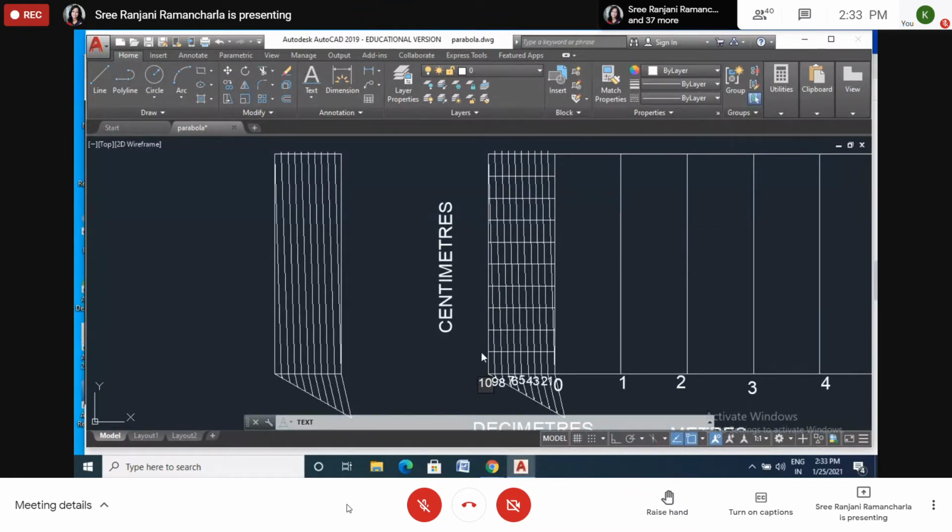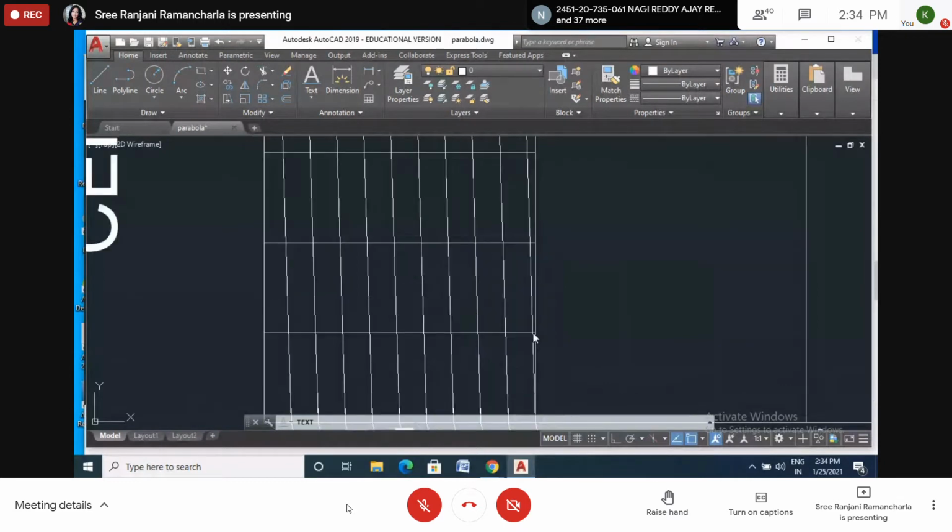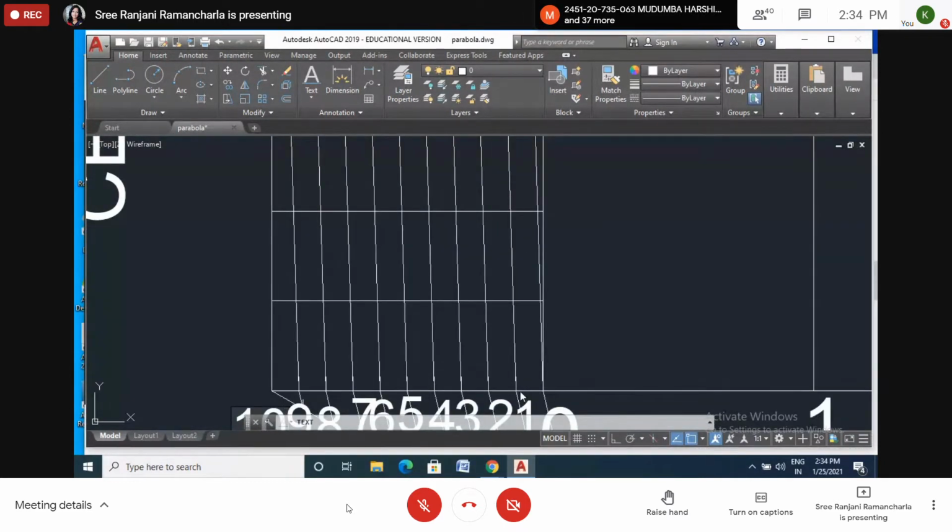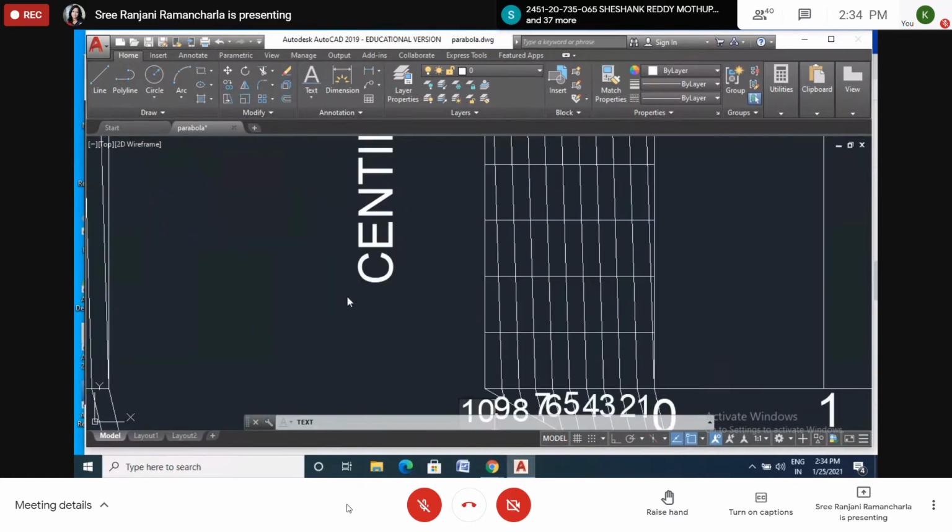Now here also I have to number it. So what should I number? Is it 0.1, 0.2, 0.3 or 1, 2, 3, 4, 5? So here each division is 1 centimeter. If this is a decimeter, then one part of the decimeter is a centimeter.